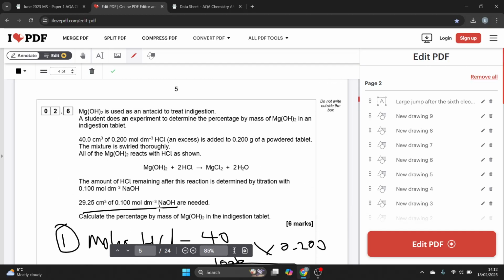So I've got the moles of this worked out, and I've got the moles of this worked out.